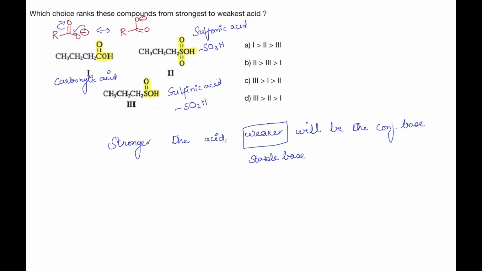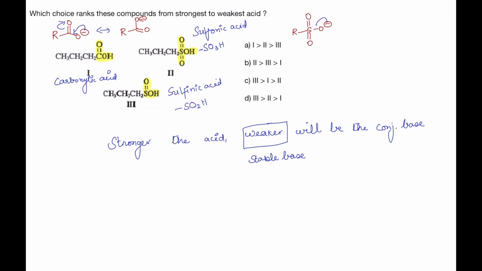I'm going to do the same thing for sulfonic acid. In the case of sulfonic acid, there are 3 oxygens, and therefore it can exist in 3 resonance contributors. Once I pull the hydrogen from there, it's going to have a negative charge on oxygen, and that negative charge is going to be distributed between 3 oxygens.